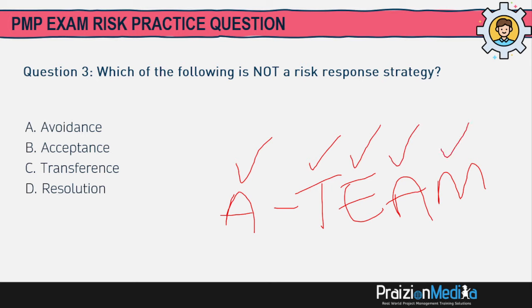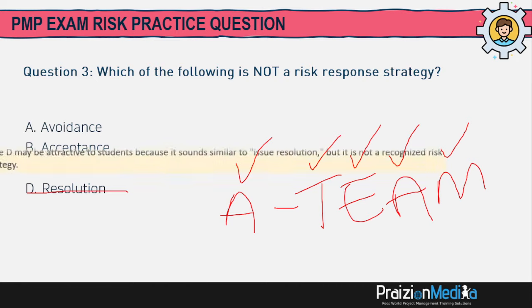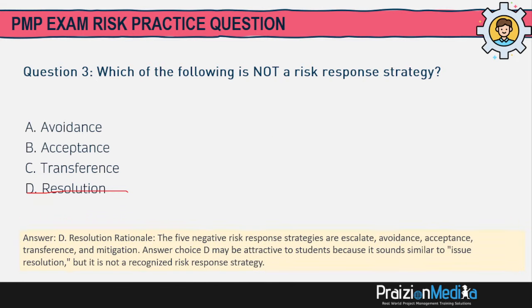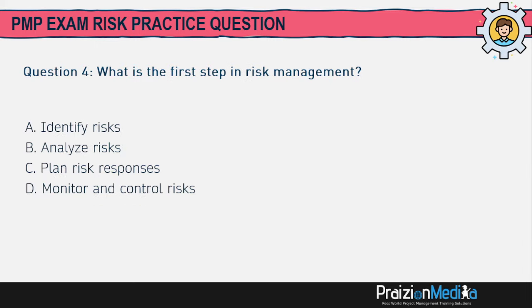So the only one that's not listed there is resolution. That is not a strategy. So the 5 negative risk response strategies are escalate, avoid, accept, transfer, mitigate. D might seem attractive because it sounds like issue resolution, but it's not the right answer.